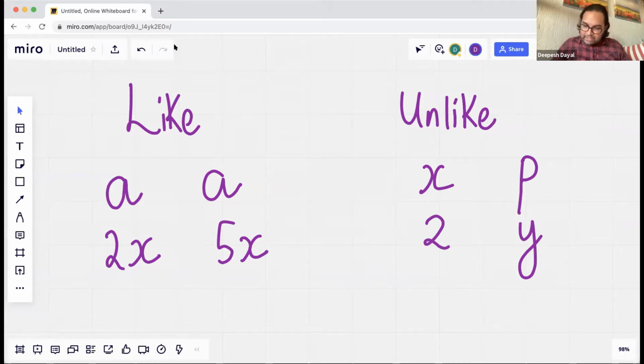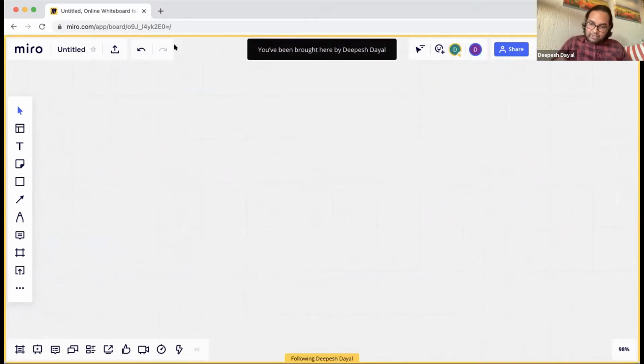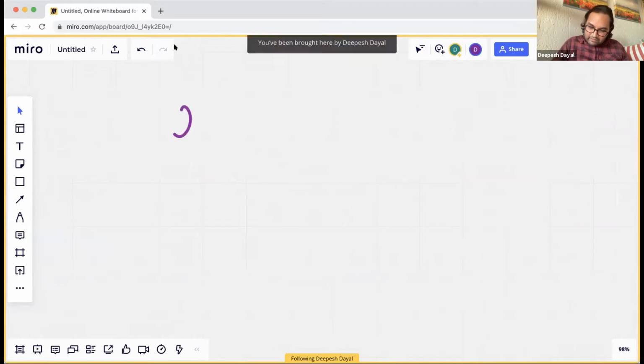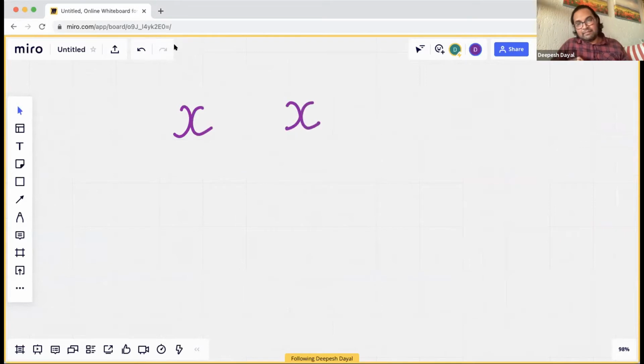What sometimes students have challenge with is they find that the terms need to be exactly the same. So if you have something like x, they would say that only x and x are the same. But in actual fact, it can be x and also 5x, as long as the variables are the same, see?